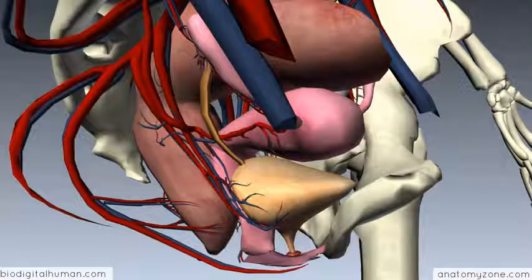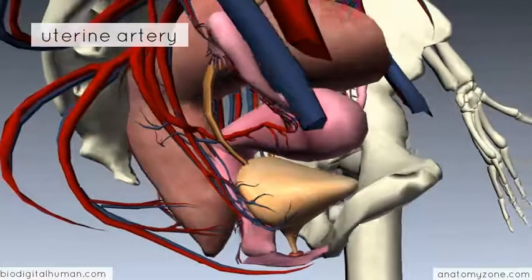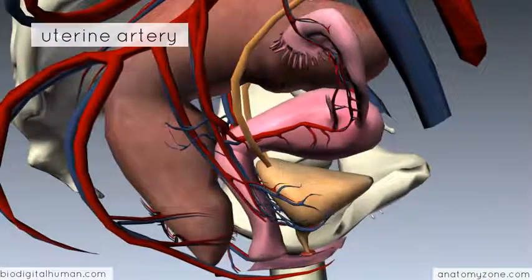So in terms of the blood supply of the uterus, it's supplied by the uterine artery. If I just rotate the model slightly to the side, you can see this artery running along the length of the uterus. This is the uterine artery, and it arises usually from the anterior division of the internal iliac artery.